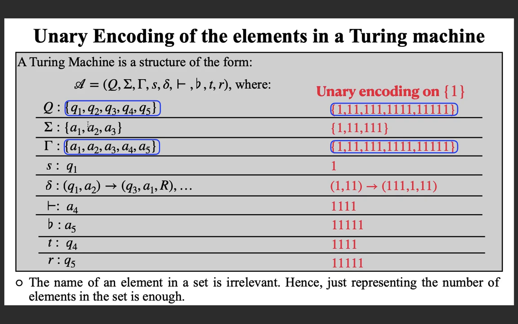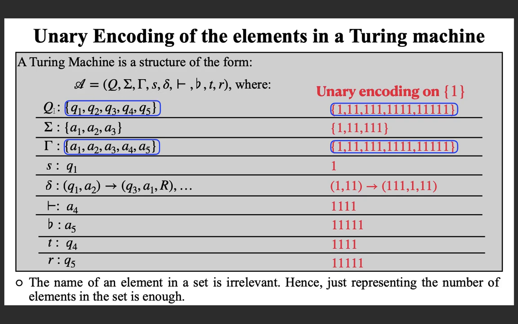Now see that if you want to have an encoding of the Turing machine definition, actually no need to remember the names of all these states, because the first state, regardless of the name, will be represented as 1. The second state, regardless of the name, will be represented as 11. Likewise, the ith state will be represented as a string of length i, regardless of what the name is. So it is enough for the Turing machine to remember or to represent or encode how many states are there. 5 is enough.